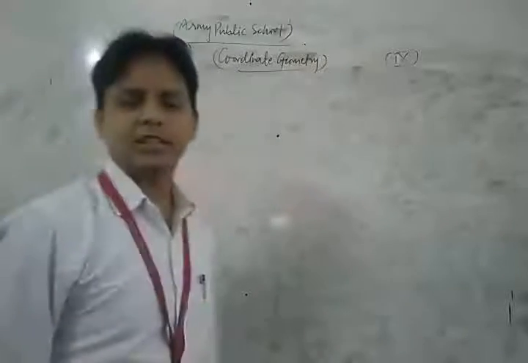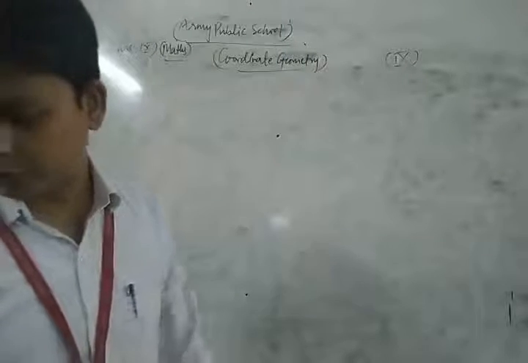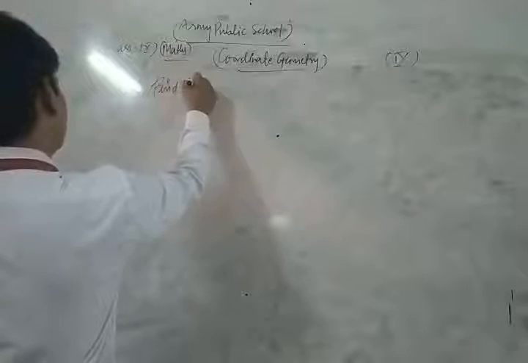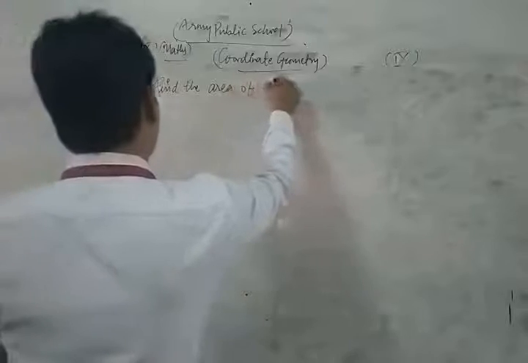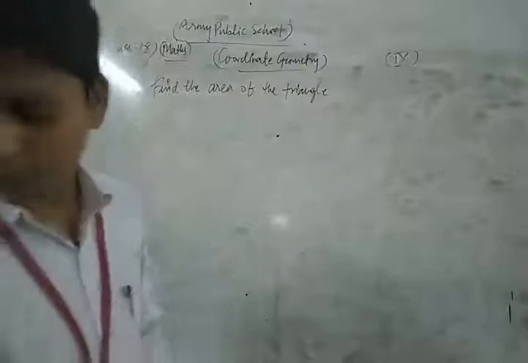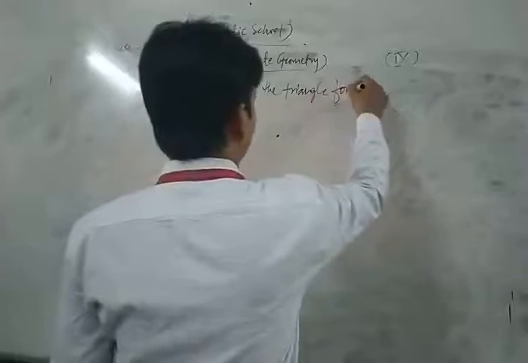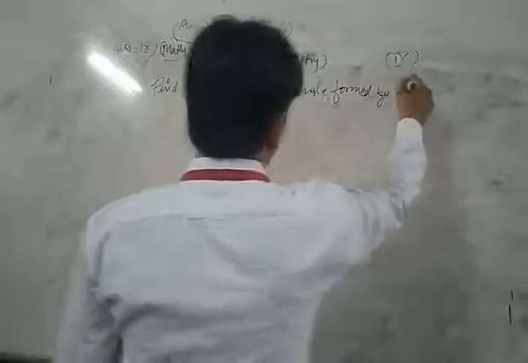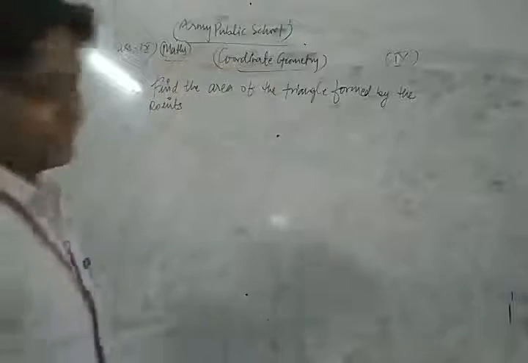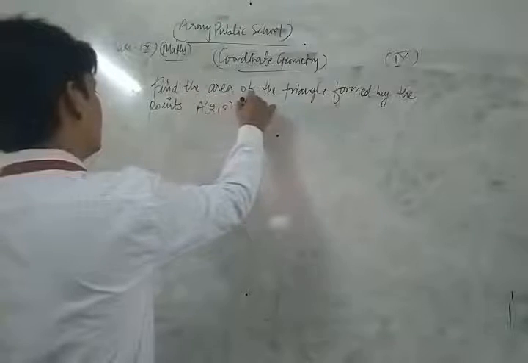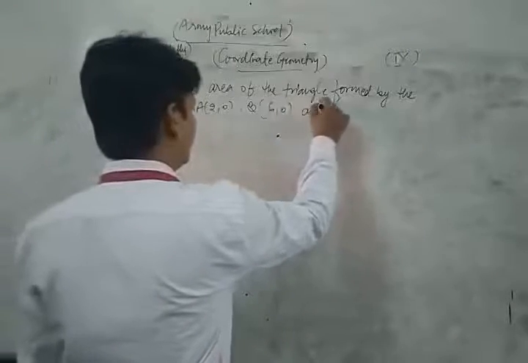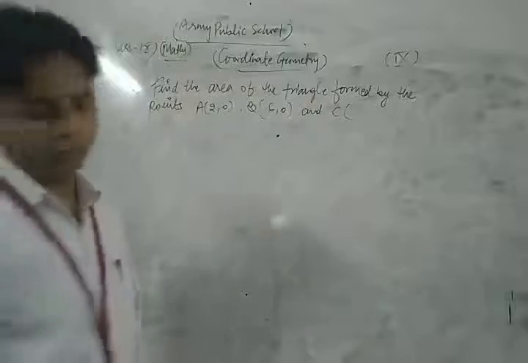Now, let us take some important question. Your question is: find the area of the triangle formed by the points A(2,0), B(6,0) and C(4,6).